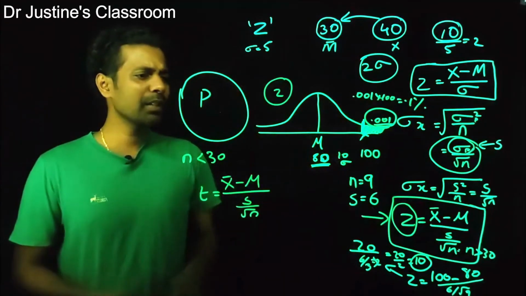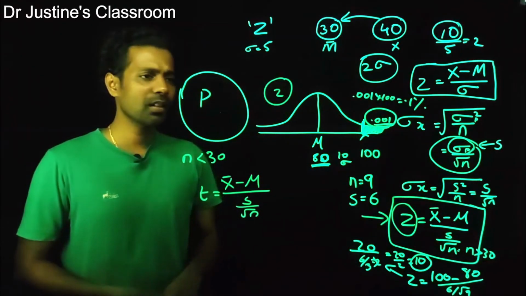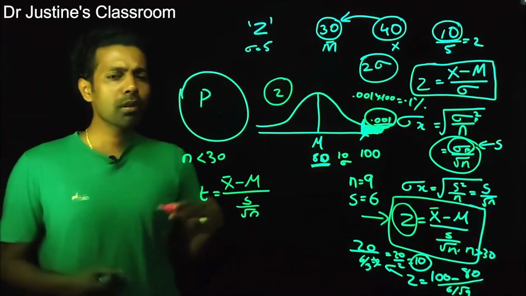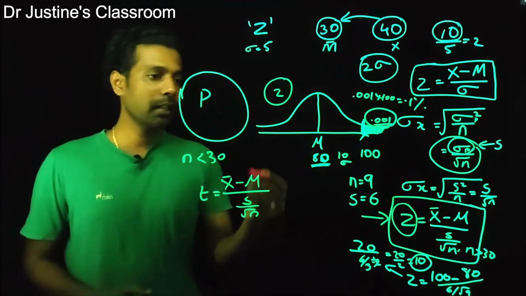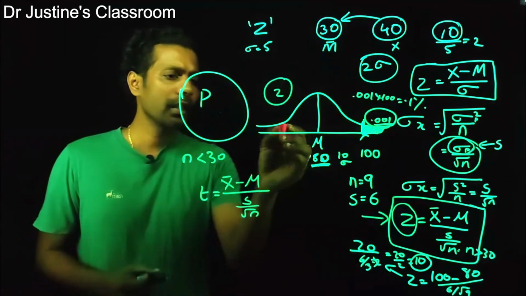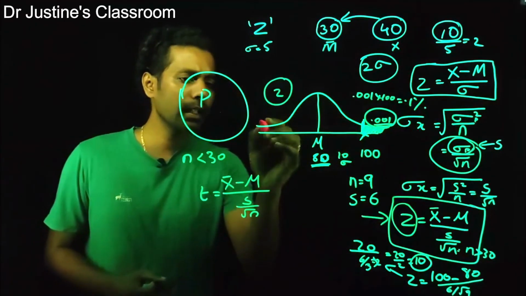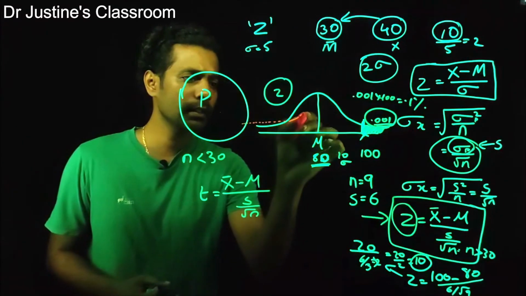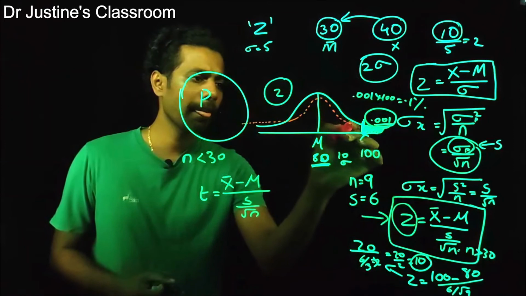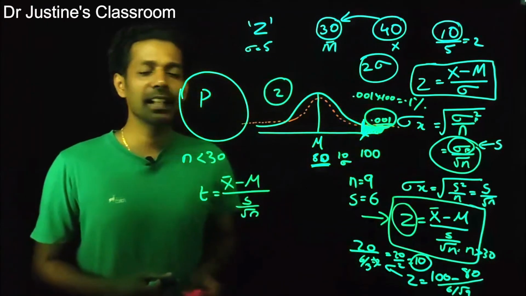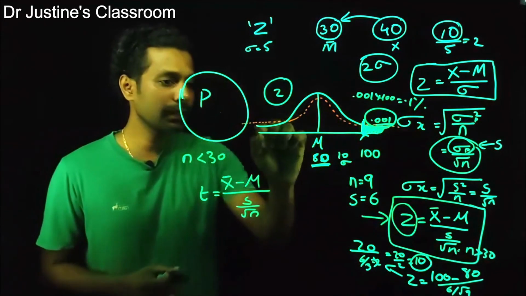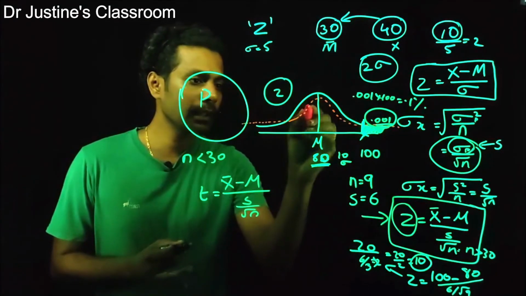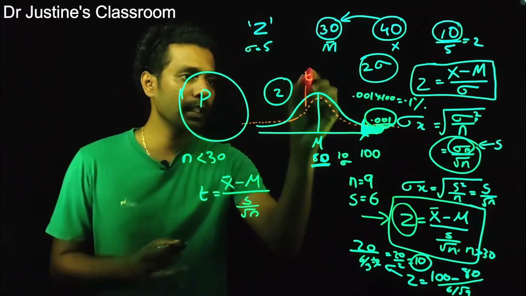So what's the difference between the normal distribution, Z distribution, and a T distribution? The T distribution is more like a leptokurtic curve. What is a leptokurtic curve? The area here would go a little more like this. This is a leptokurtic curve. So if this line is the Z line, this particular line indicates the leptokurtic T distribution.